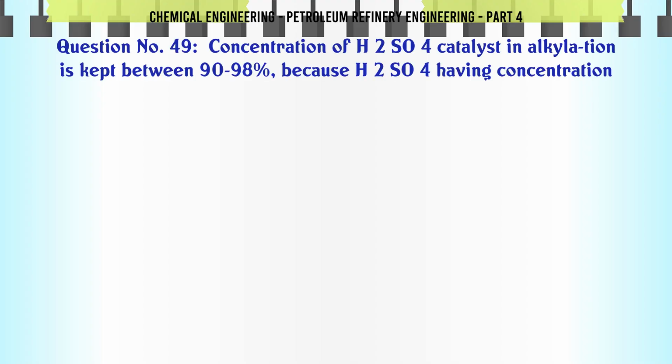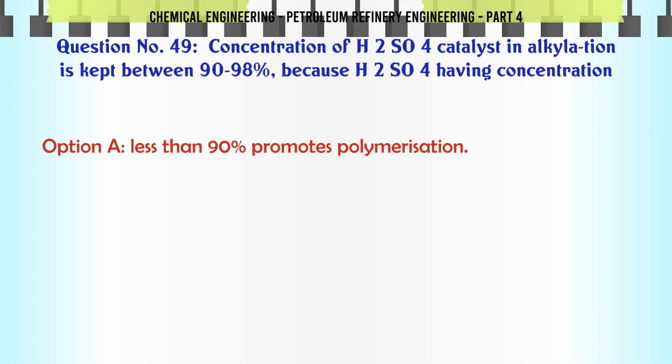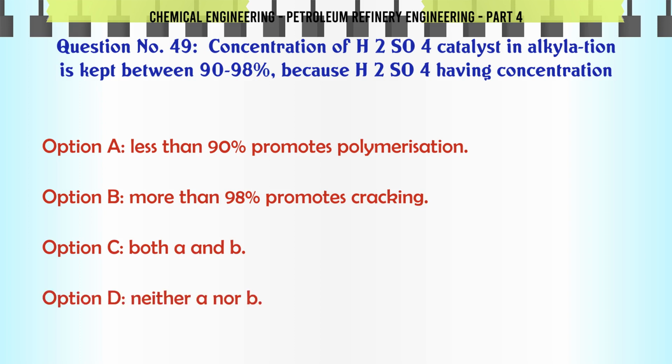Concentration of H2SO4 catalyst in alkylation is kept between 90-98 percent because H2SO4 having concentration A. less than 90 promotes polymerization. B. More than 98 promotes cracking.